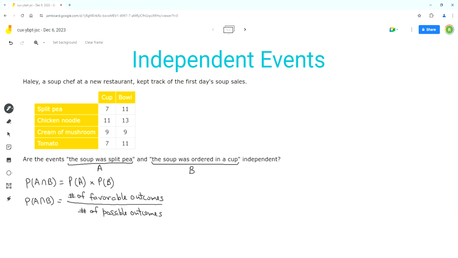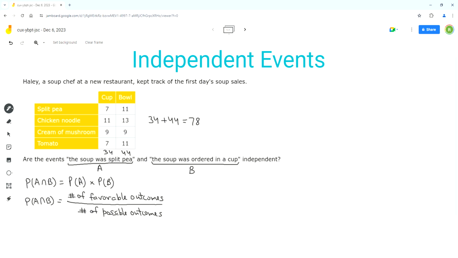So let's start by adding the numbers in the cup column. I get 34, and the sum of the bowl column is 44. So the total number of cups and bowls sold on the first day is 78.